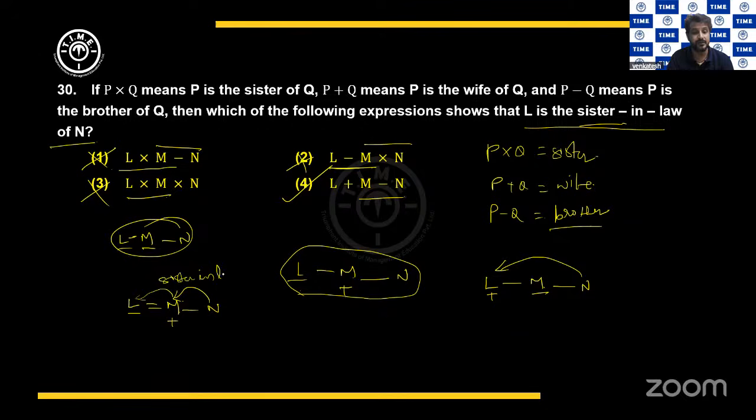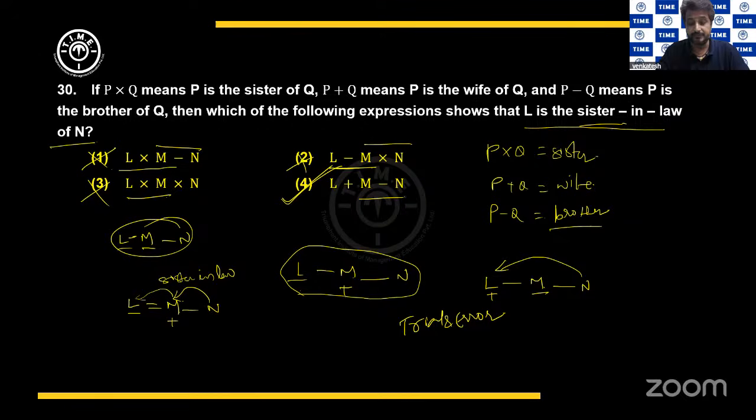So L is the sister-in-law of N. It is matching with fourth option. The fourth option is the correct answer. When you come across these kind of questions, the only method available is we have to go through the choices. Trial and error method is possible and it will give you the answer in less time.